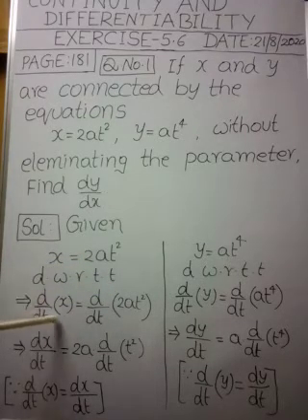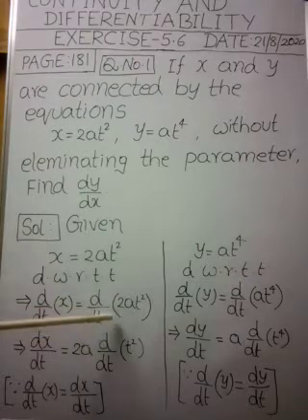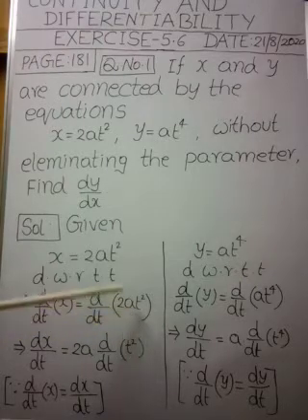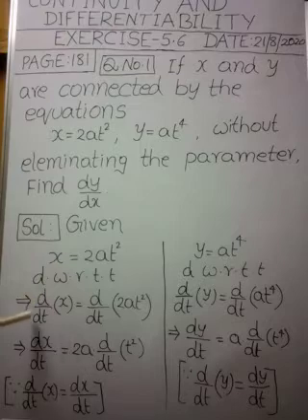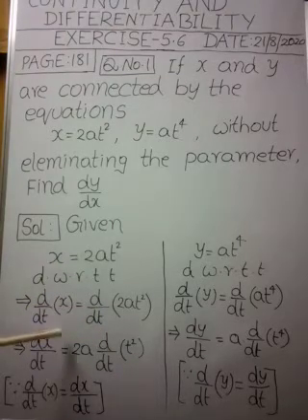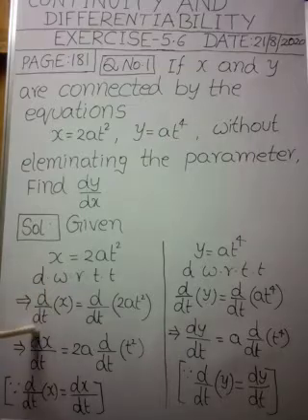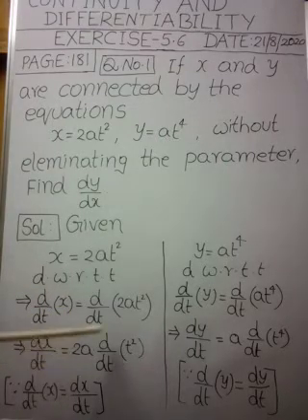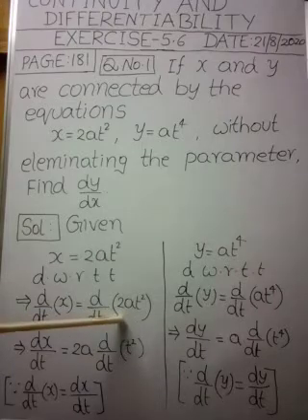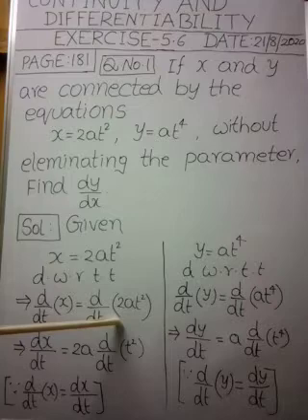So I wrote this step: d/dt of x is equal to d/dt of 2at². On both sides, I wrote the differential operator. Understood this step, my dear children? Right. This implies d/dt of x, that is dx/dt, is equal to, here 2a is a numerical coefficient. We can write it outside of the differential operator.